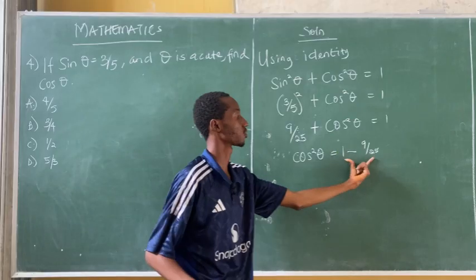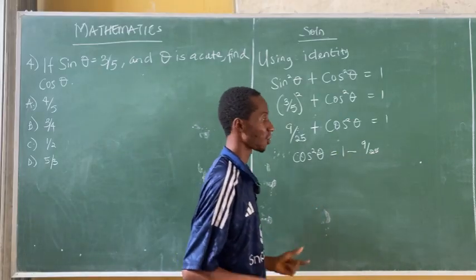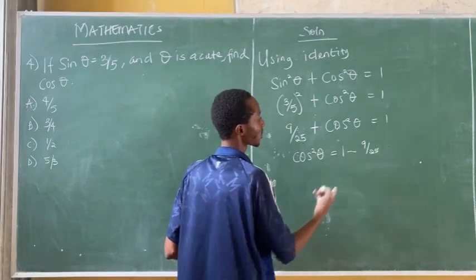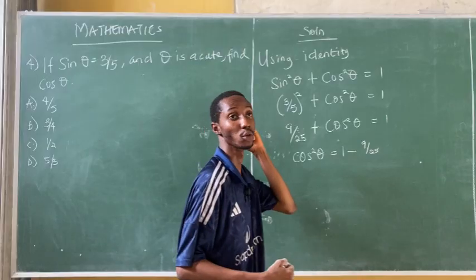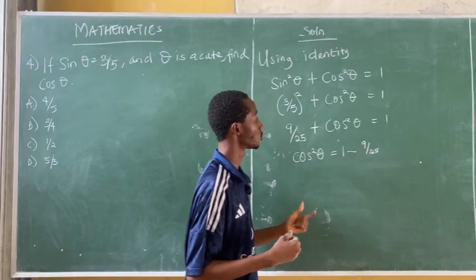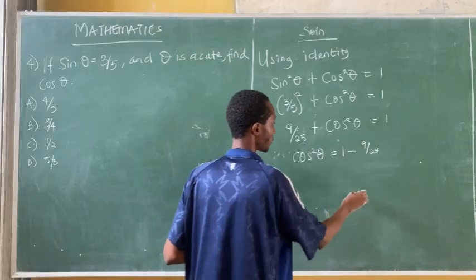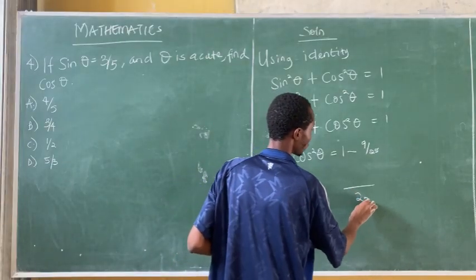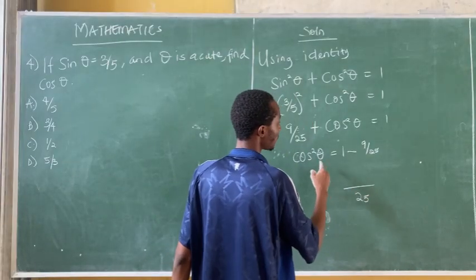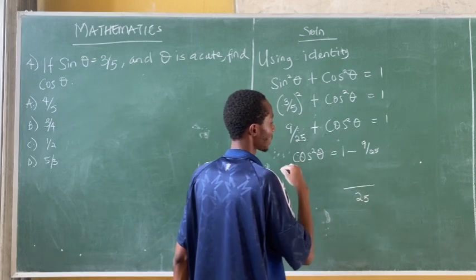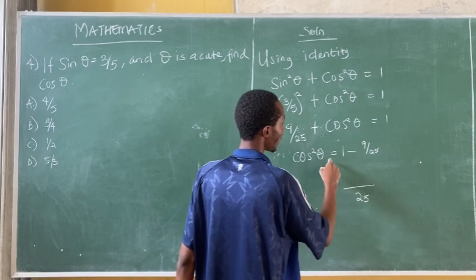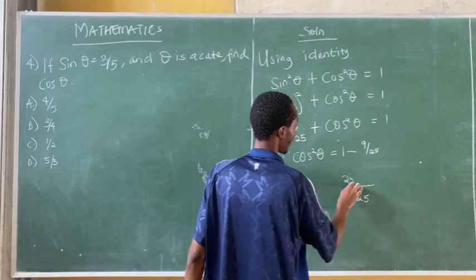Now this is a fraction, right? From our previous class, we said when we have a fraction like this and we want to simplify it, the first thing we need to do is to find the LCM. So the LCM here is what? 25. 25 divided by 1, you have 25. 25 times 1, you have 25 here.